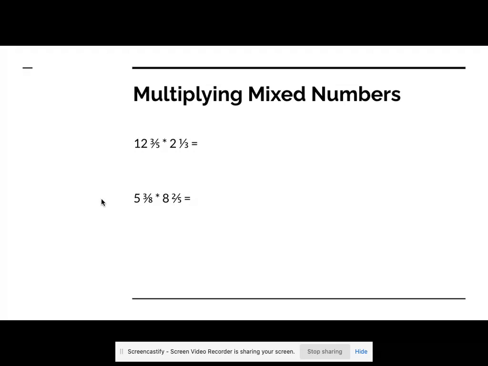Some harder problems here. Getting into 12 3/5: 12 times 5 is 60, plus 3 is 63 over 5 times 7 over 3. Now, this is where the cancel method comes in, and just taking a second to look at it, 3 does go into 63, it goes in 21 times.